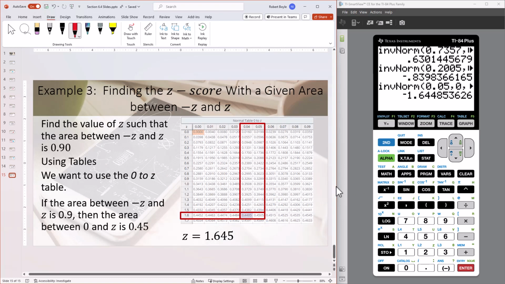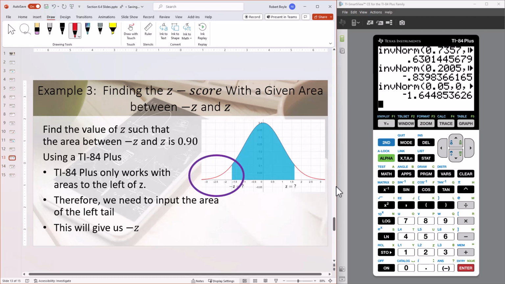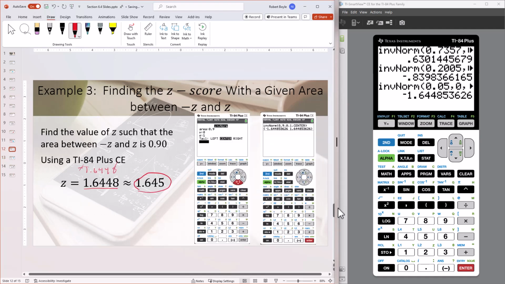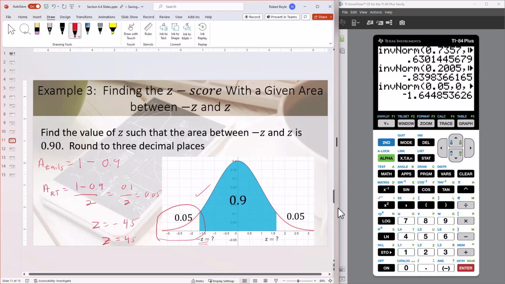Okay, now what about using your Hawk's tables? Well, in this particular case, it's a little different. For this one, you can actually use the table that says normal table 0 to z. If that's the case, then the area from 0 to z is going to be this half right here, which is 0.45.